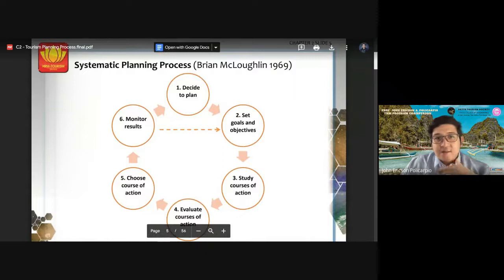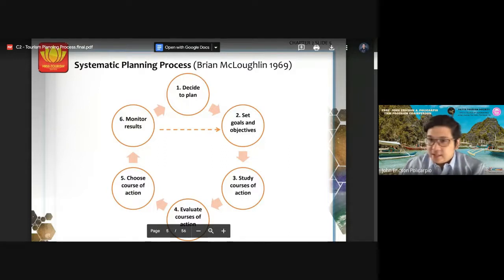So we basically start by deciding to plan. A plan won't exist. Sabi ni Patrick Geddes, a plan won't exist without the data. But according to McLaughlin, his belief is that a plan would only exist if the planner decides to plan. Or meron siyang willingness to conduct the planning. In terms of management prerogatives, in terms of tourism development, diba?